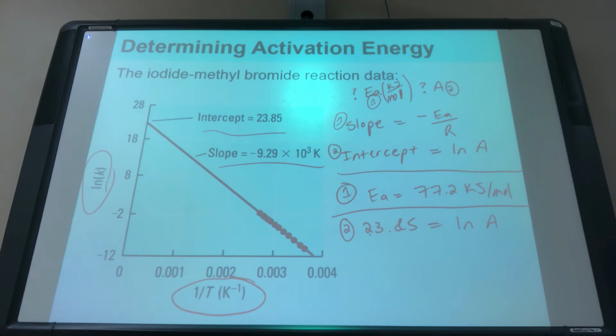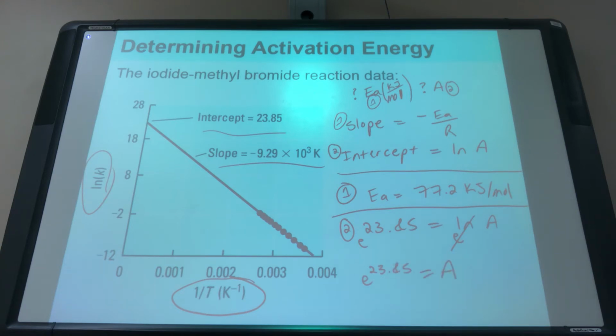Remember in class I had you pull out your calculators and look at what the inverse of ln is? On the calculator it says E. So to get rid of the ln, we raise both sides to the E. This cancels, so it's just E to the 23.85 is equal to A.